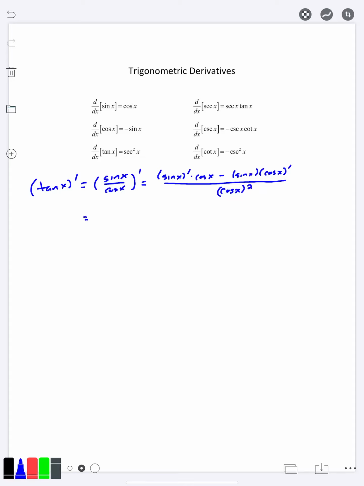And then I will use the two rules, derivative of sine and cosine, which I gave you up here. I know I haven't proved them, but we'll accept them at least at this point in time. The derivative of sine is cosine, so I have cosine x times cosine x.